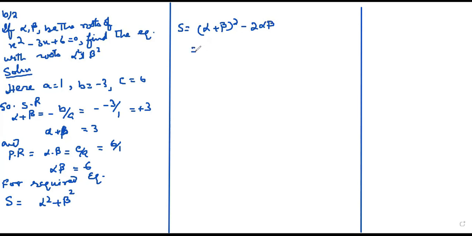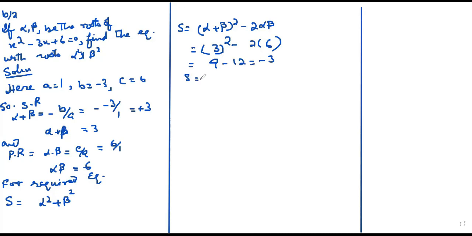So that is 3 square minus 2 times 6. Right? So 9 minus 12, which is equals to minus 3.